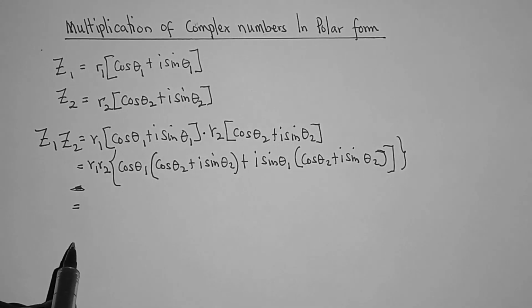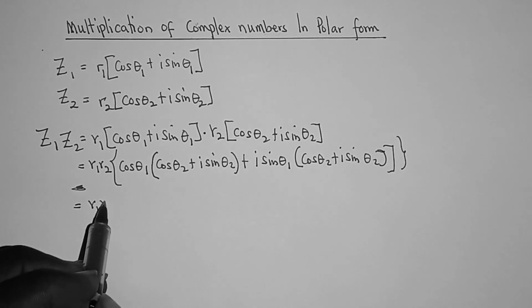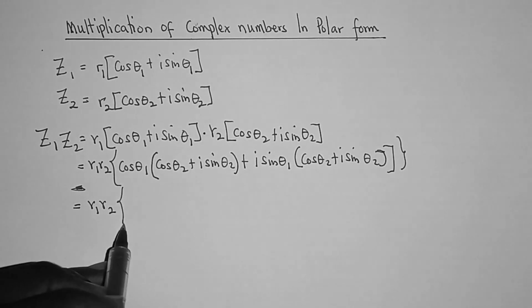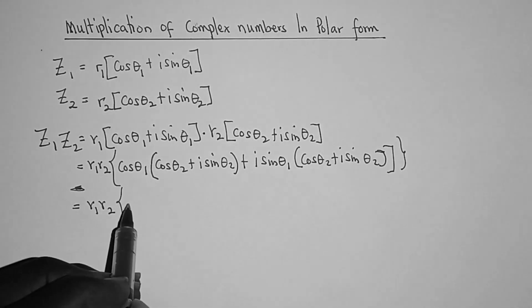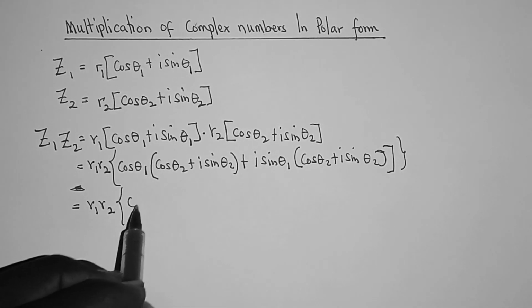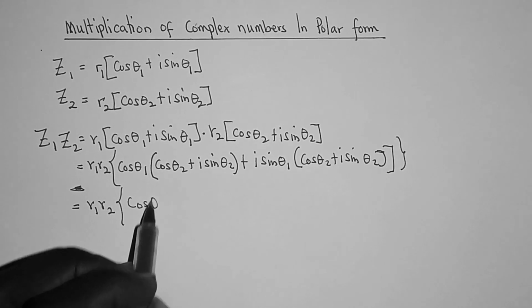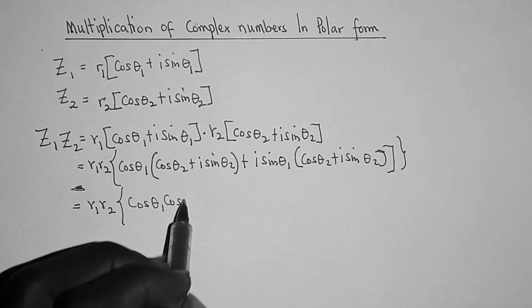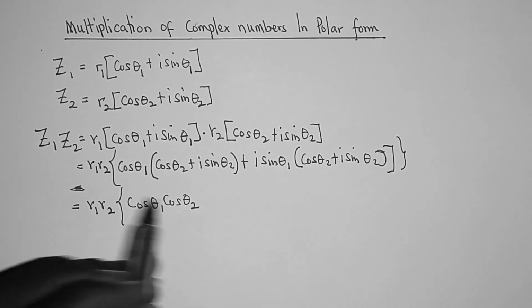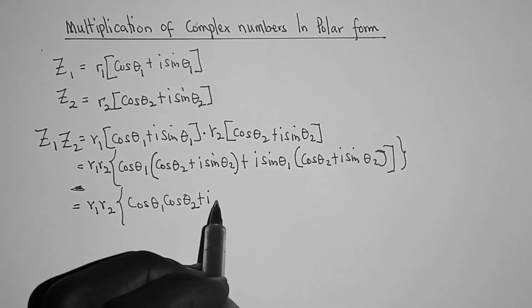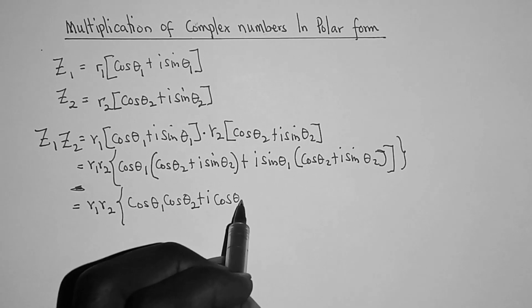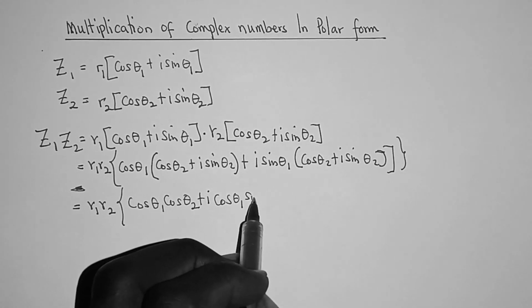And this is equal to, so let me bring it down here. This is equal to R1 R2, and the big bracket. So here is cos theta 1 cos theta 2. Then here is plus i, then cos theta 1 sine theta 2.